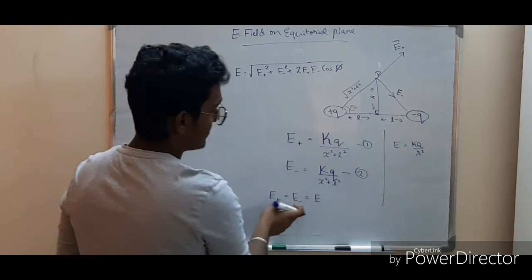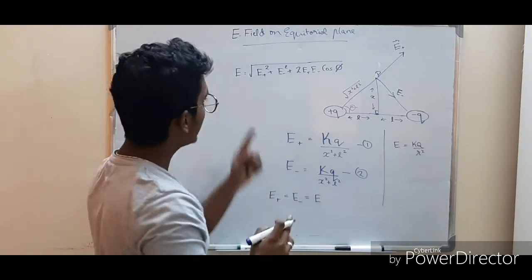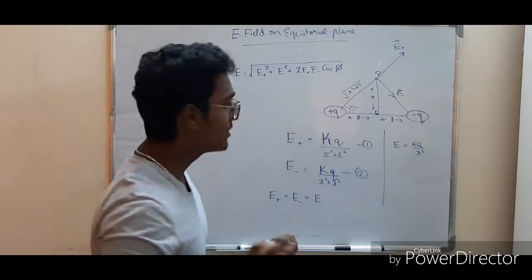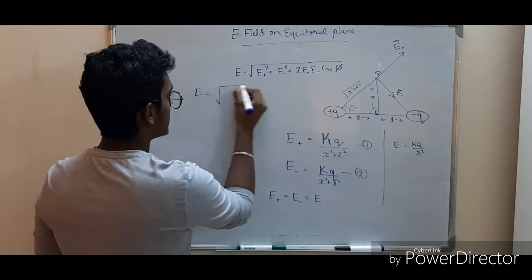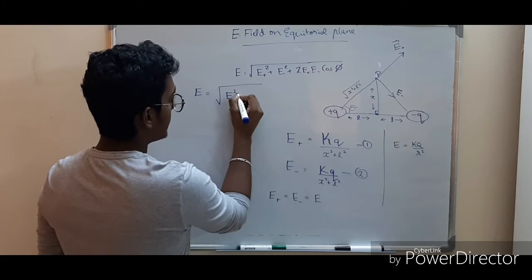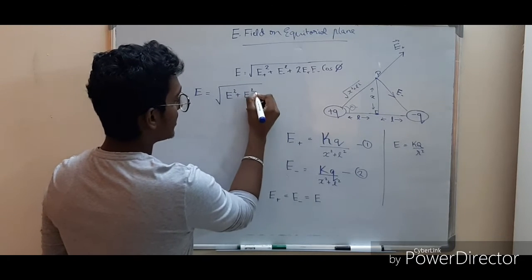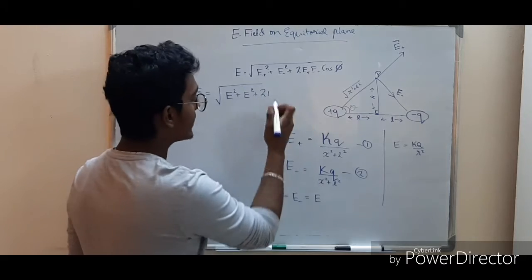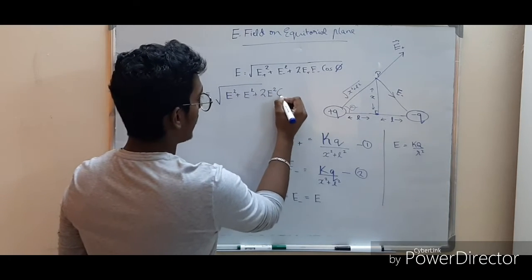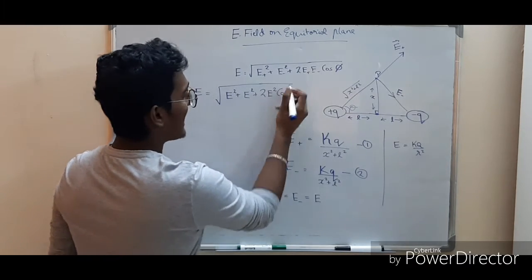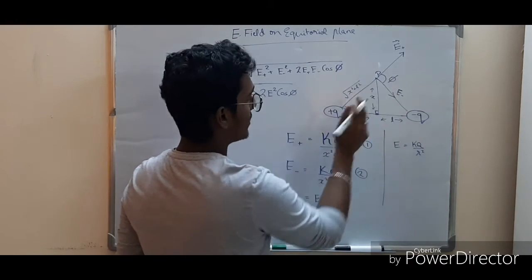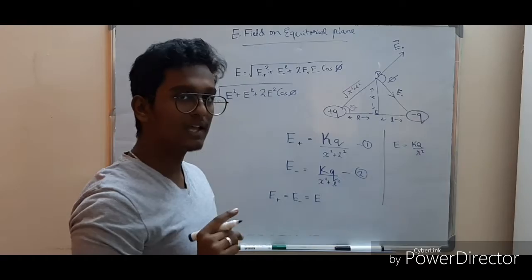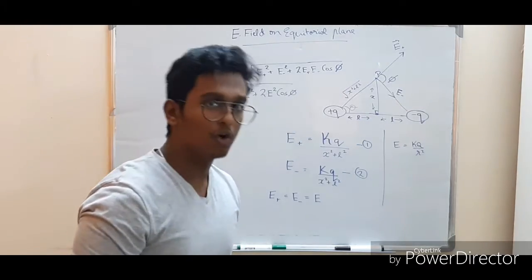And we have just seen that the magnitudes are the same. So let's just take E plus and E minus as E. And later we can substitute the value at the final answer. So you get E square plus E square plus 2E into E, which is again E square, cos phi. This angle phi is the angle between these two vectors and not this. Phi is always the angle between the vectors which you want to add.